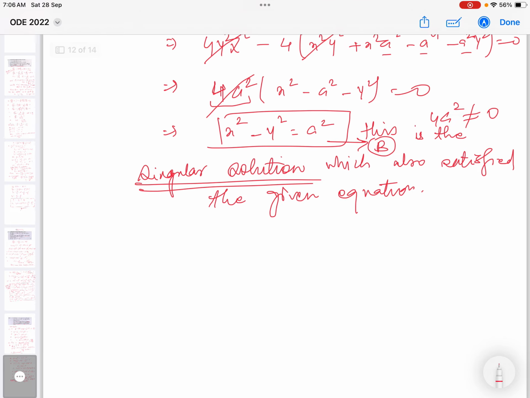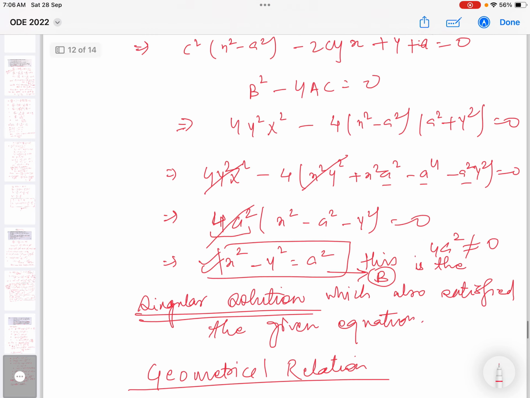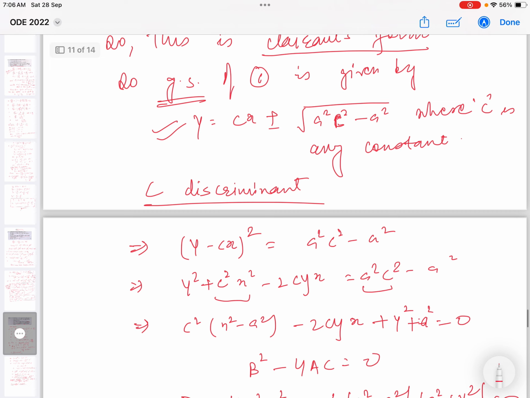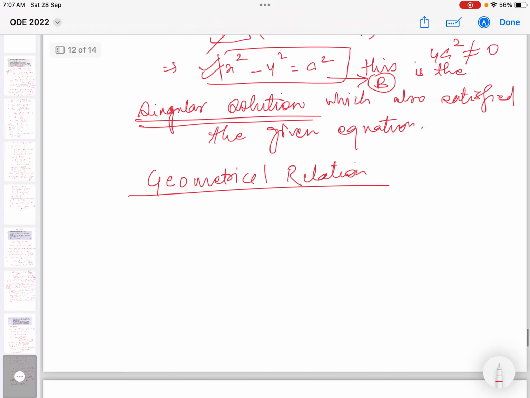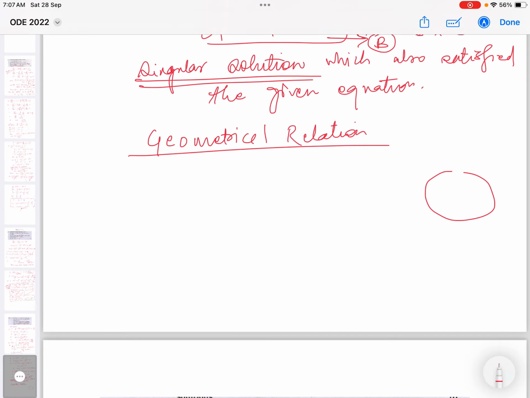This equation is a hyperbola, so if we draw this hyperbola, it will be enveloping our general solution. Like, there is a circle and a straight line which is a tangent to this circle.